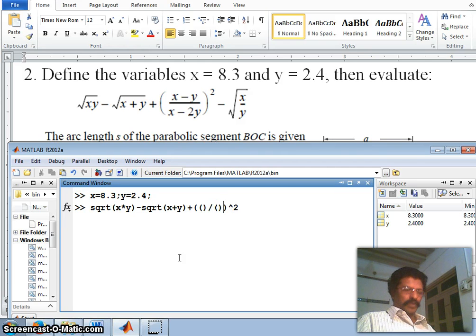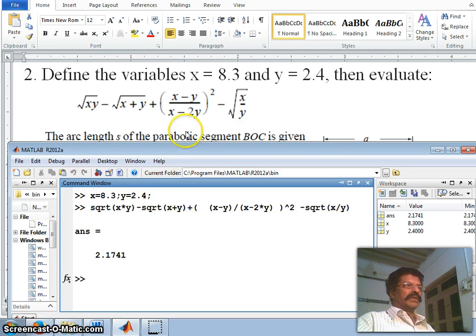The numerator contains x minus y, the values are substituted, divided by x minus 2 multiplied by y. Alright, so this is the third term. Then minus, for the entire thing, square root of x divided by y. Alright, so this gives me the answer 2.1741.